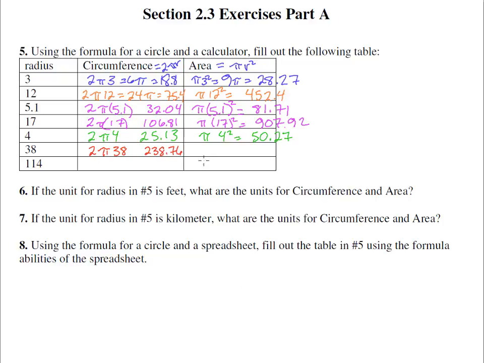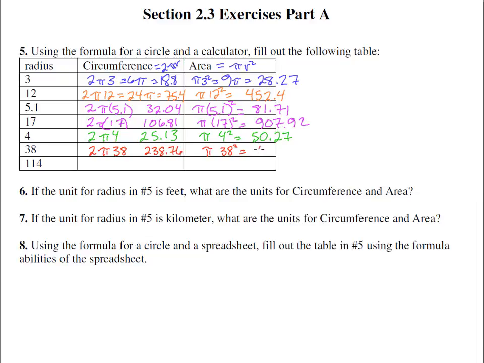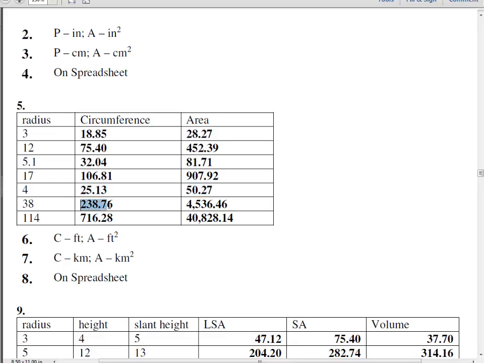And the next one, when you have pi times 38 squared, oh, that's probably going to be a big number. Pi times 38 squared equals 4,536.5. Let's double check those answers. 238.76 and 4536.5. They have an extra decimal place. That's perfectly fine.